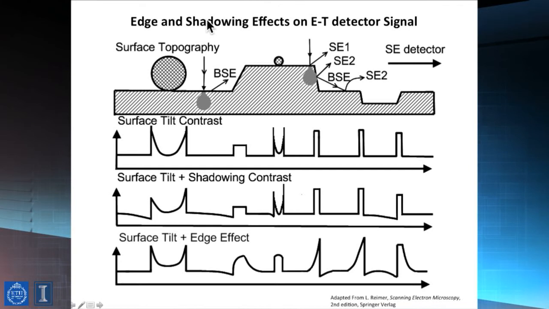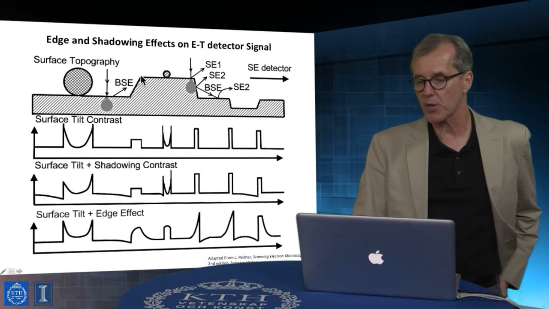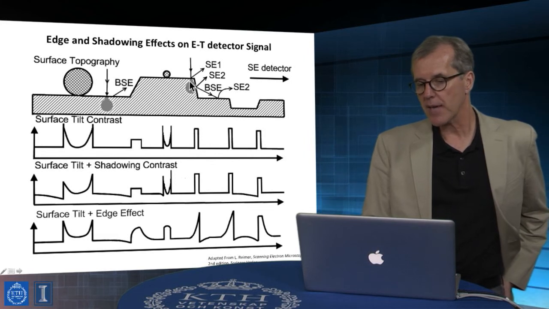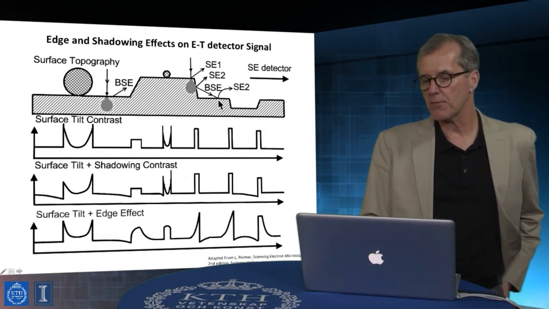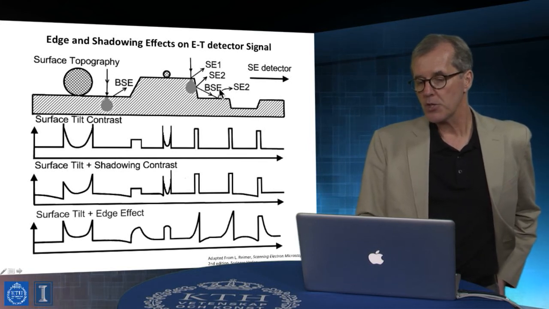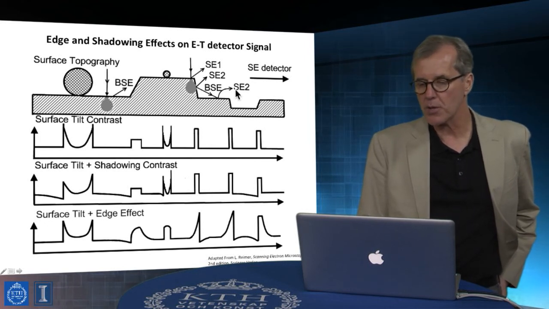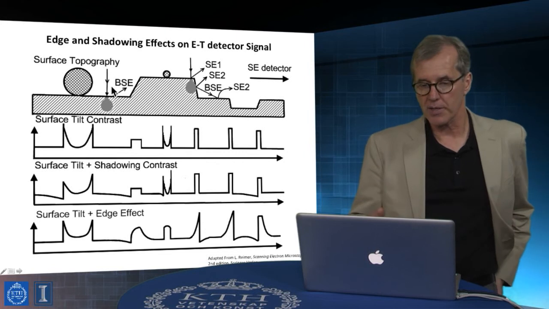And one of the things you notice is that electrons hitting here, emitting secondary electrons, would have to have their electrons, that are coming off with normal trajectories or off in this direction, pulled at large angles to come to the secondary electron detector. Backscattered electrons might actually be shadowed by the mountains of high aspect ratio features that are in the way, because they'll hit and they'll never reemerge. Whereas backscattered electrons coming off in this direction may actually generate more secondary electrons. So the net result is that for all kinds of reasons, this side is going to appear bright and this side is going to appear like it's in shadow.